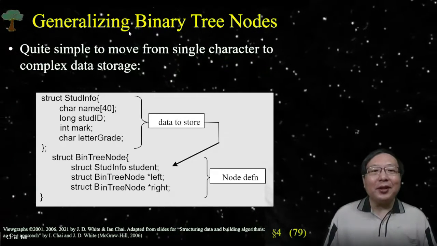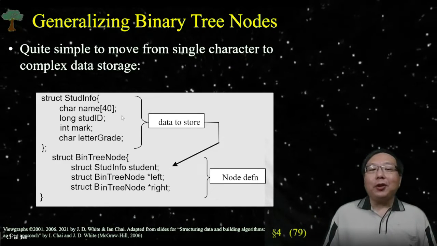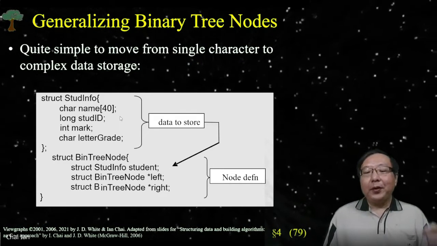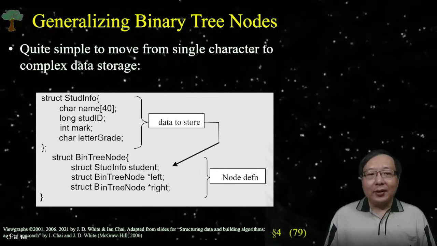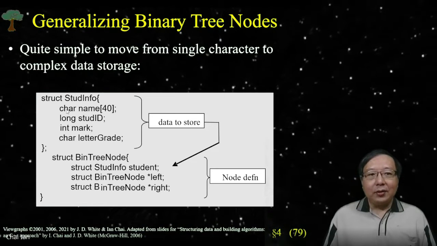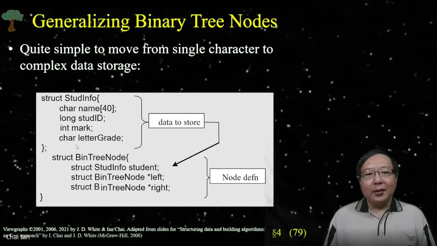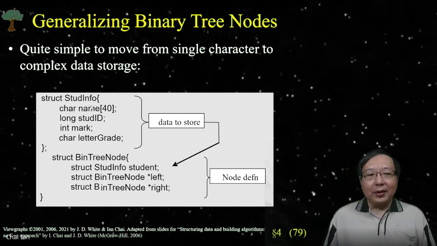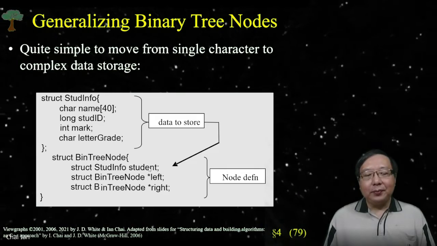We're doing generalizing binary tree nodes, meaning that if you want to store more things than just a character, you can just put more things in the record. So you can have a student name, a student ID, a mark, a letter grade. If this is the data to store, you could put the record in there, for example.